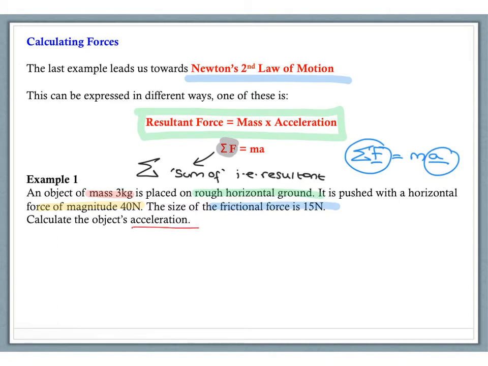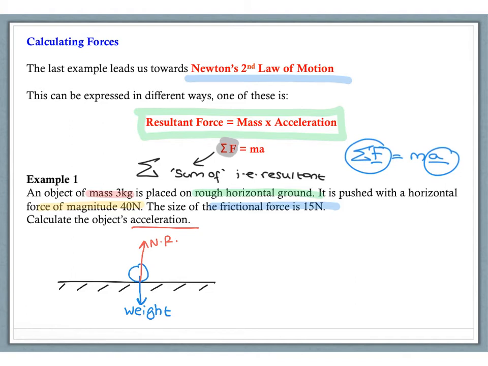So, force diagram. Here is my rough horizontal ground. Here is my object of mass 3 kilograms. So it will have a weight acting downwards. We'll be talking about how to calculate weight a little bit later on. There will be a normal reaction force to balance that, acting vertically upwards.